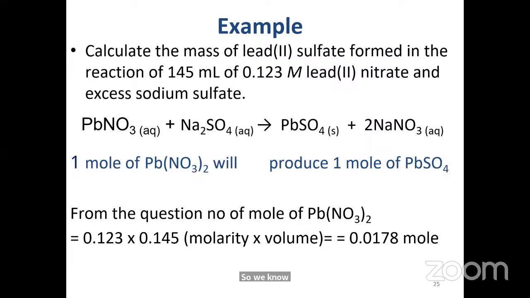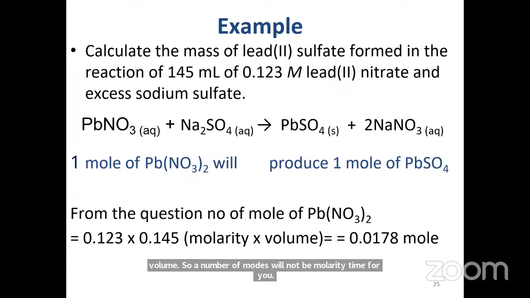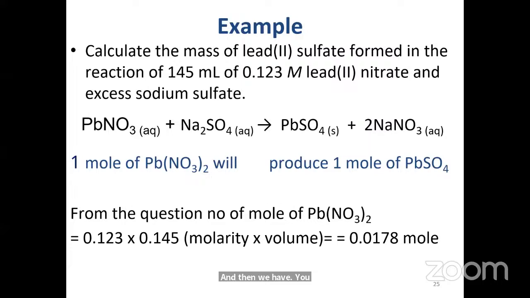So number of moles will be molarity times volume. We have 0.123, which is the molarity, multiplied by the volume. Always remember to convert to dm³. So when we multiply together, we shall get 0.0178 mole of lead nitrate. So 0.0178 moles of lead nitrate was what took part in this reaction.